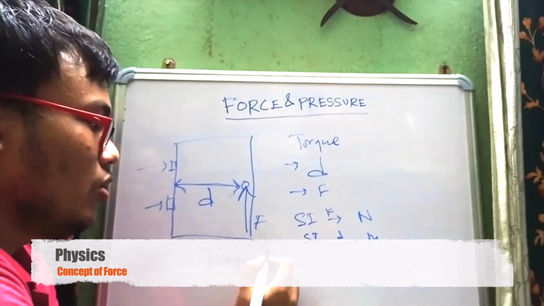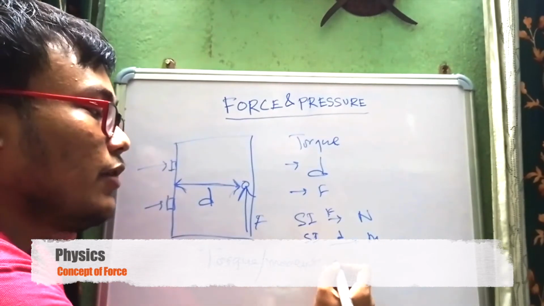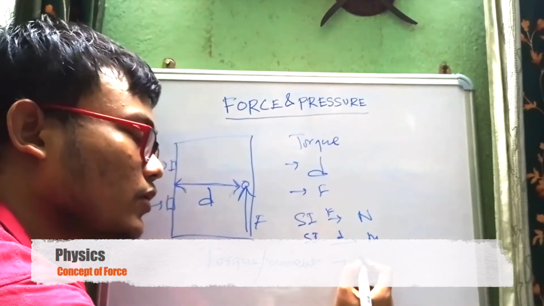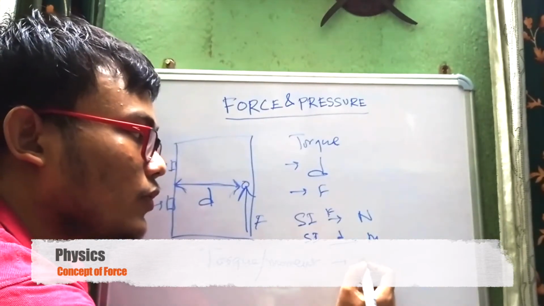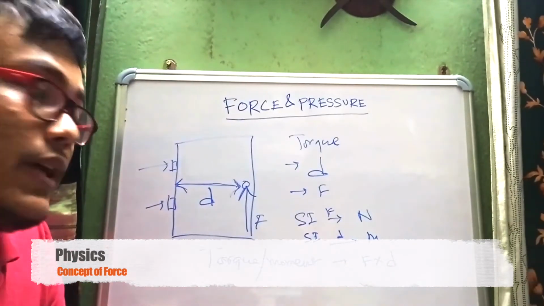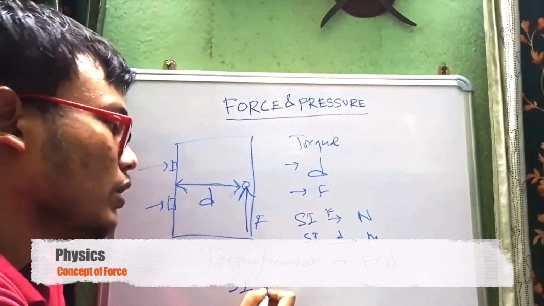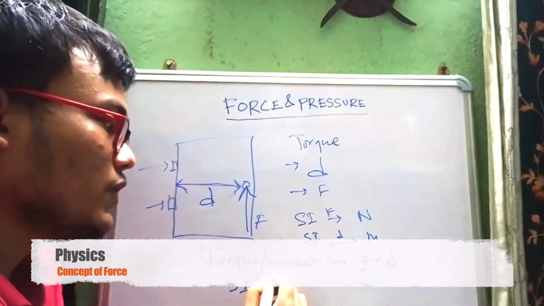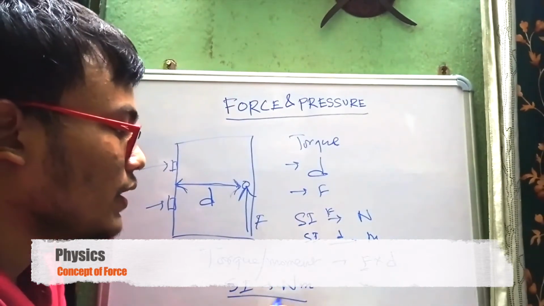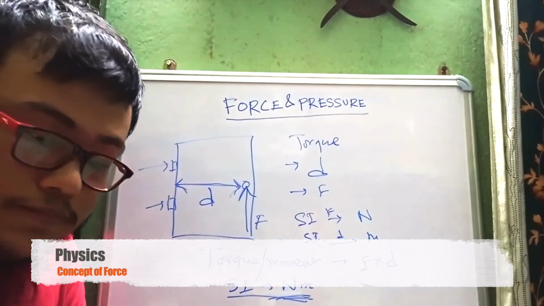Torque, or moment of force, can be mathematically expressed as the product of force and the perpendicular distance. So the SI unit of torque is Newton meter. It is expressed in terms of Newton meters.